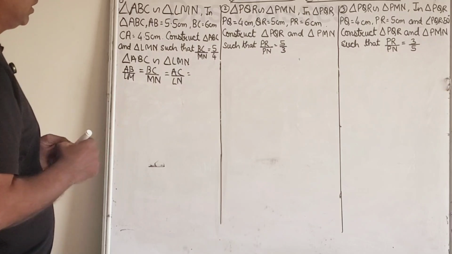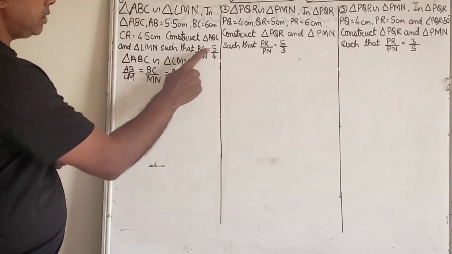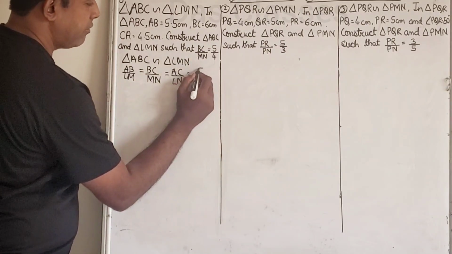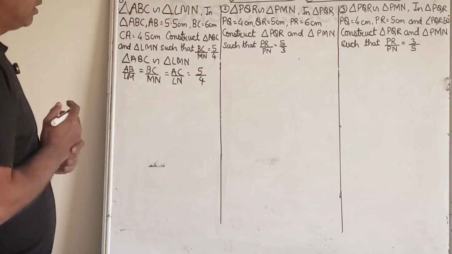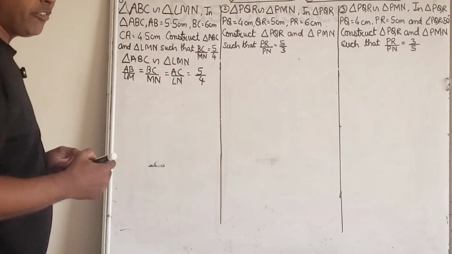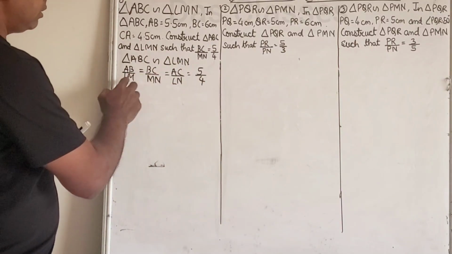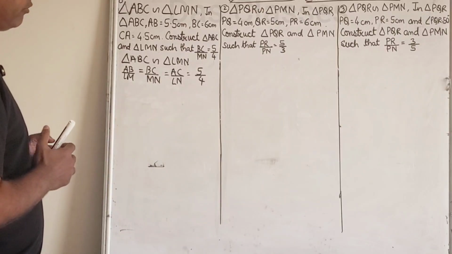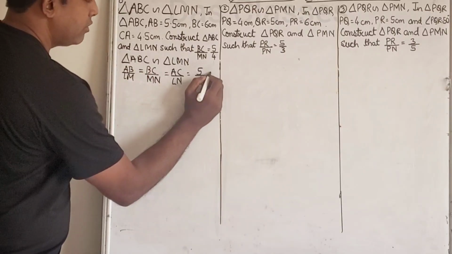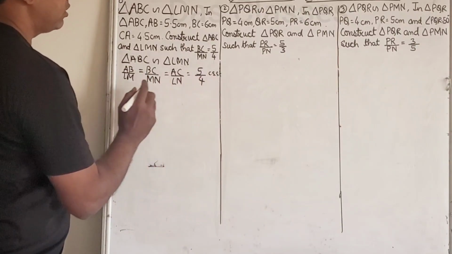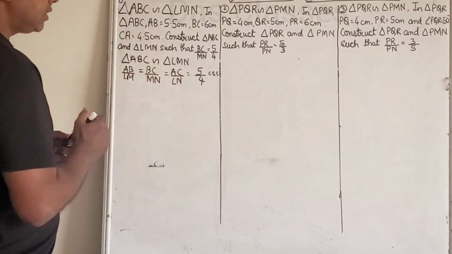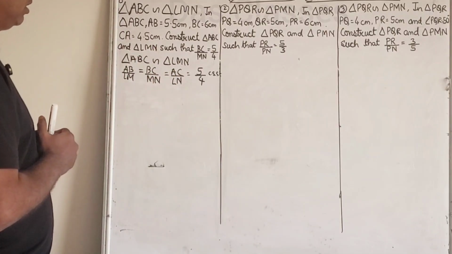They have given you one ratio, BC upon MN, as 5 upon 4. So all of the other ratios should also be equal to 5 upon 4, because this is a property of CSST, corresponding sides of similar triangles. As the triangles are similar, the sides are proportional.